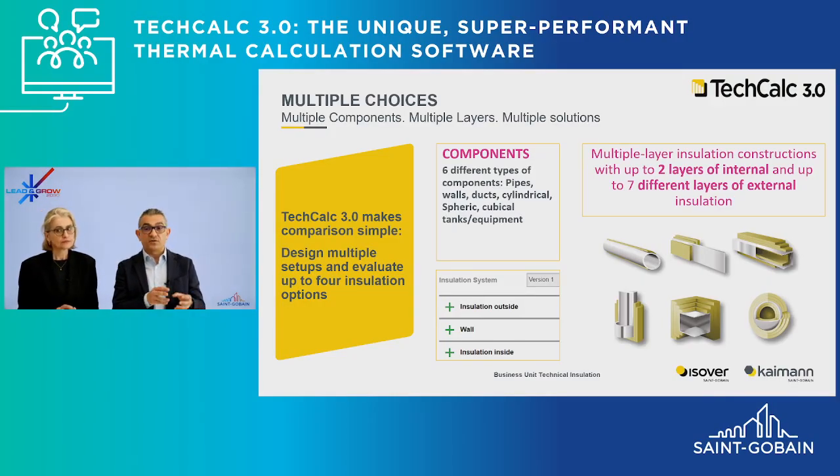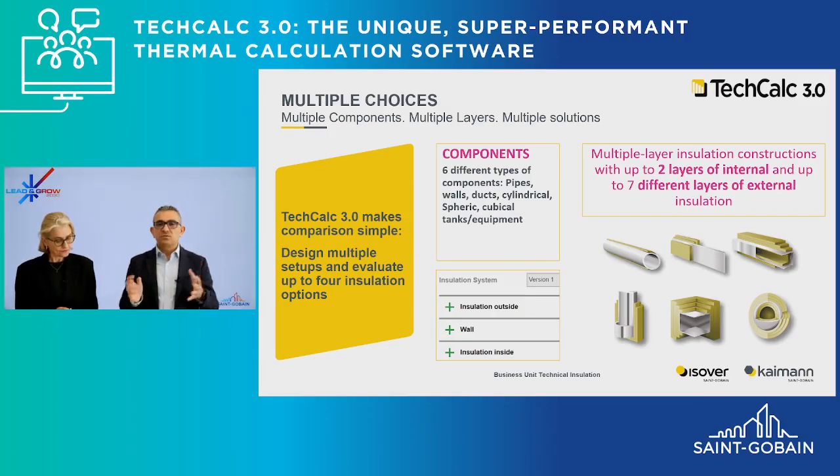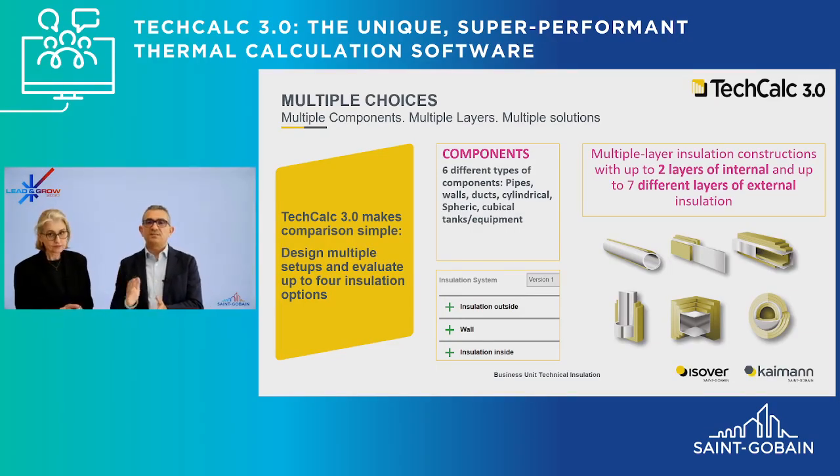You can select up to 2 layers for internal insulation, for example for insulation inside the ducts, and up to 7 different layers for external insulation, for the pipes, for the equipment, for a tank, and multiple products in these different layers. With this solution, TechCal makes comparison very, very simple. You can design multiple setups and evaluate the best insulation solution for your project.